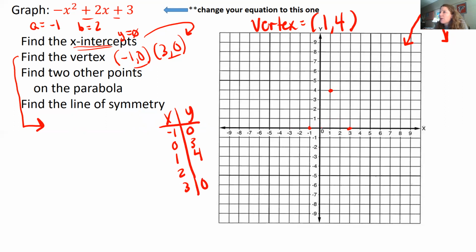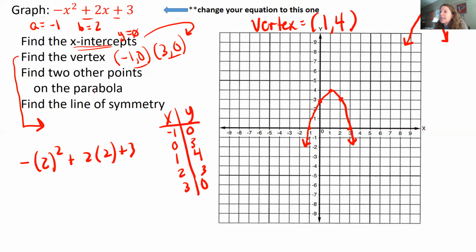So don't go right or left, go up 3. And then I bet 2 is also 3. So we have the opposite of 2 squared plus 2 times 2. That's -4 plus 4 is 0, and 0 plus 3 is 3. So we find out it is in fact symmetrical. It does open down like we expected it to.